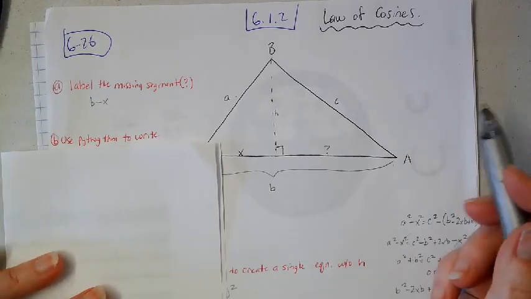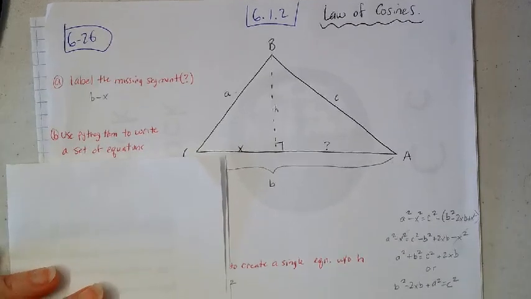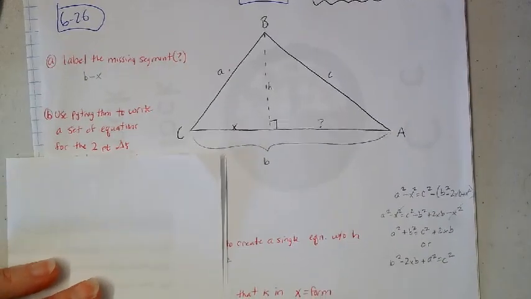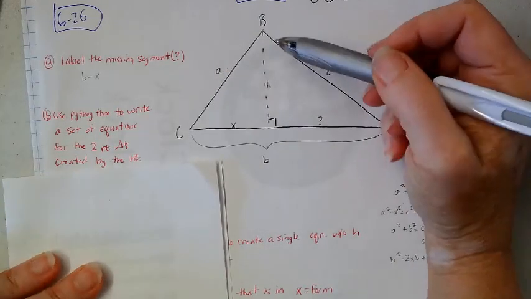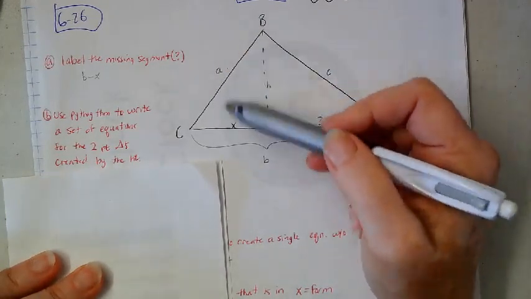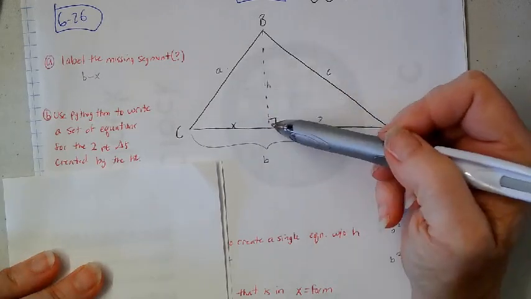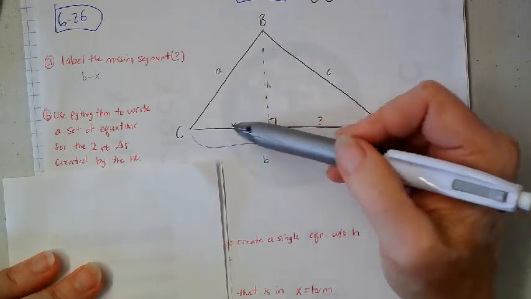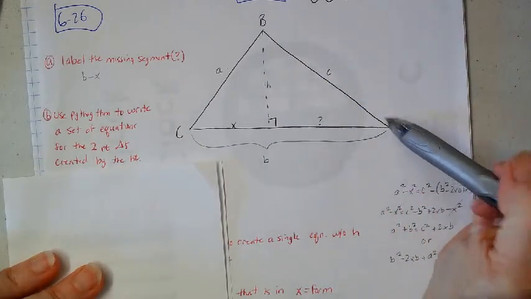Okay, so they're just going to walk us through this. Now it says, use the Pythagorean theorem to write a set of equations for the two right triangles created by the height. So see, this is the height, so I can call it this left-hand right triangle right here. And then there's another right-hand right triangle right here.